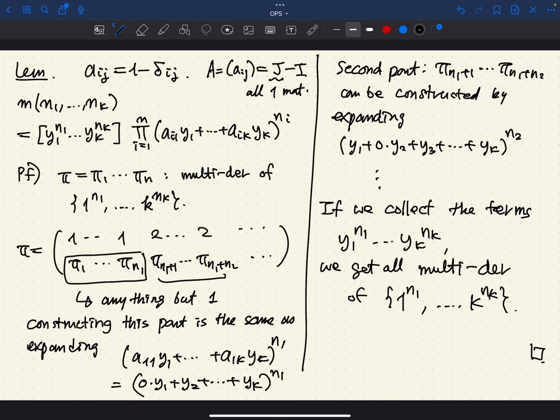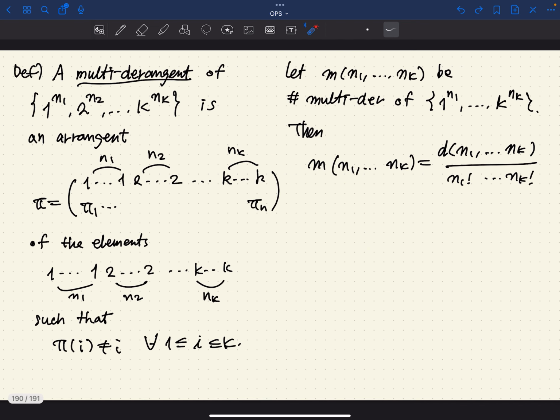If you're not convinced, just consider the sums, just work out with n equals 2, or 3, and then if you do the computation, then you will be convinced that it should be something immediate. All right, so now we have an interpretation for this.